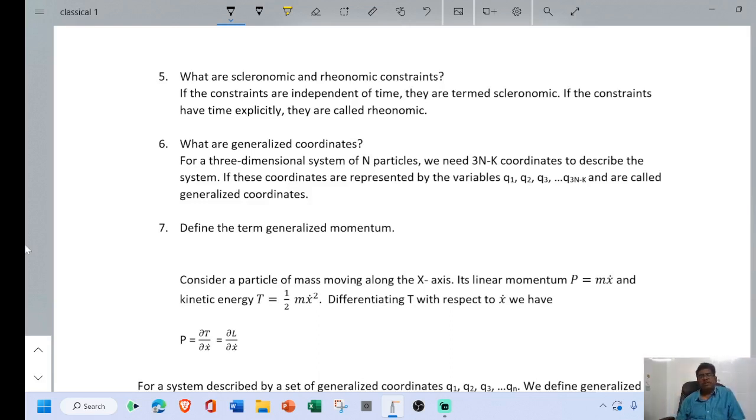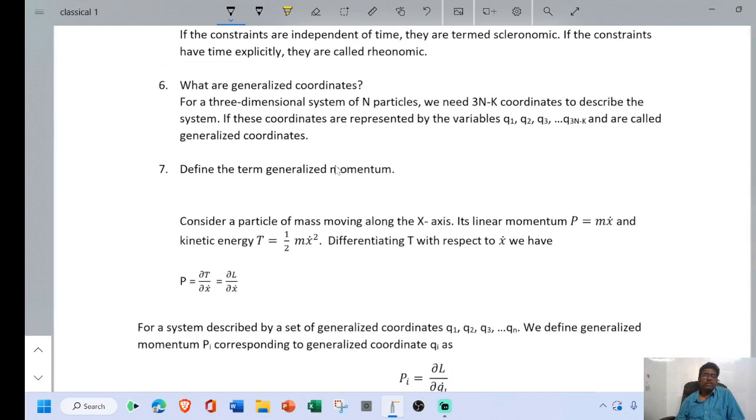Question number 6. What are generalized coordinates? For a three-dimensional system of n particles, with x, y, z, we need 3n minus k coordinates to describe the system. Suppose n particles are moving in a three-dimensional system, the degrees of freedom f is equal to 3n minus k.